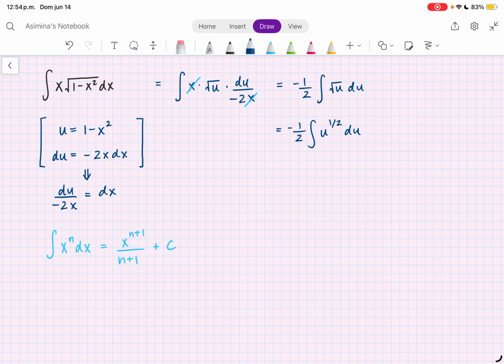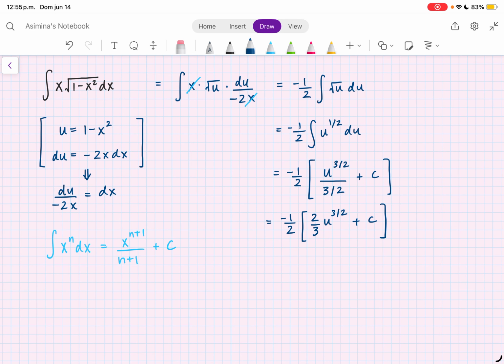So in our case, this is going to be negative 1/2 times, now what's 1/2 plus 1? It's 3/2, so this will be u to the 3/2 divided by 3/2 plus c. Dividing by 3/2 is the same as multiplying by 2/3, so this is 2/3 u to the 3/2 plus c.